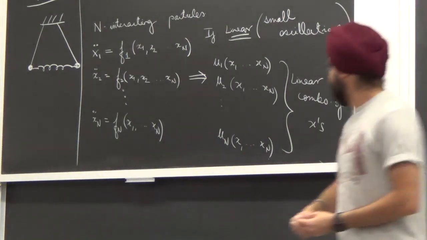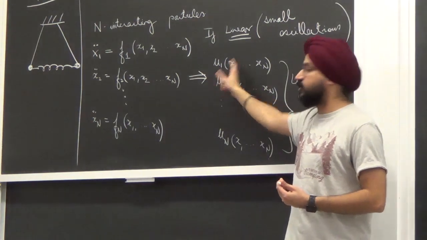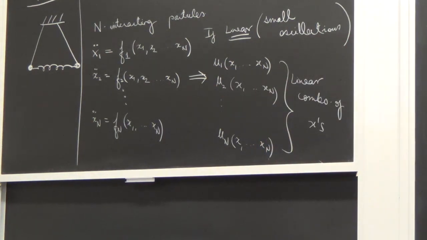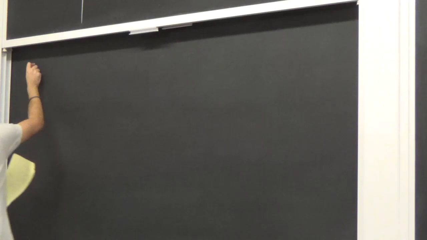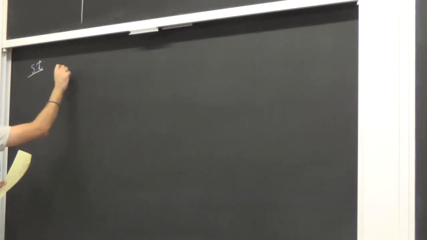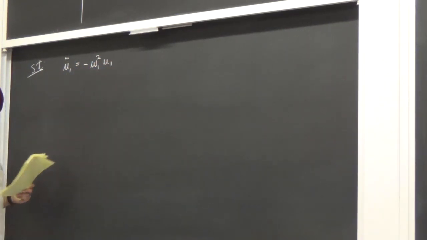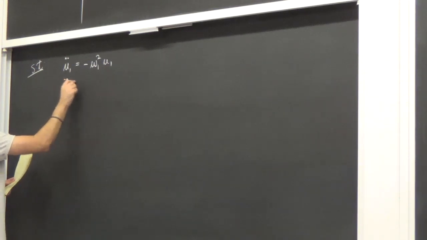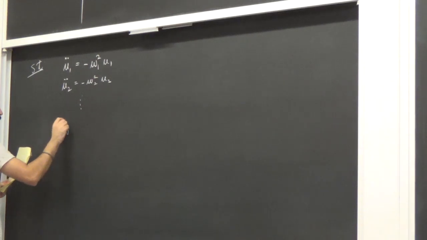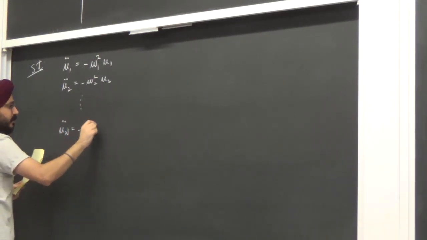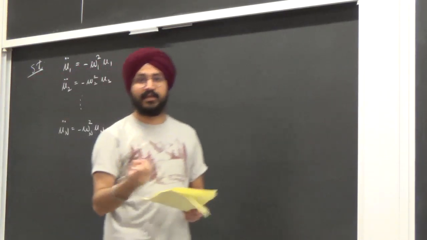If I can construct such variables, u1 through un, which are linear combinations of x1 through xn, such that u1 double dot is minus omega 1 squared u1, u2 double dot is minus omega 2 squared u2, and so forth, un double dot is minus omega n squared un, for constant positive omega 1 through omega n.